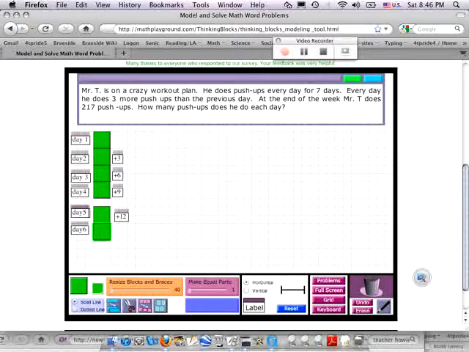Day 6 will be box plus now 15. And our final day, day 7, if he does 3 more than the previous day, then it will be box plus 18.